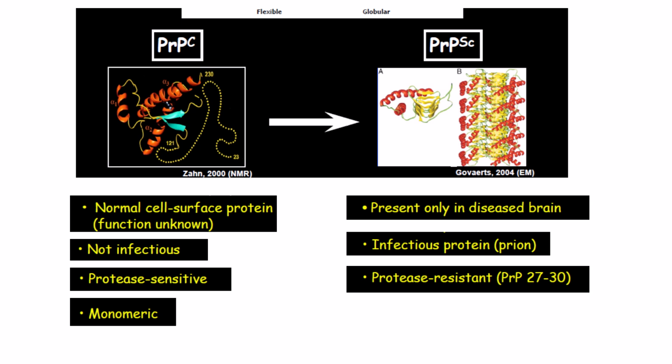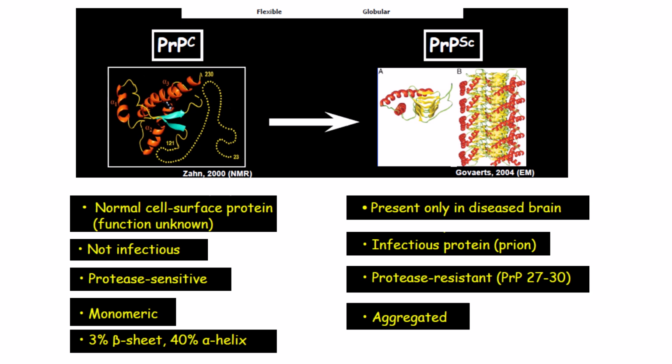PRP-C is monomeric, whereas PRP-SC is aggregated. PRP-C, as we just saw, is 3% beta sheet and 40% alpha helix, whereas PRP-SC is 40% beta sheet and 30% alpha helix.